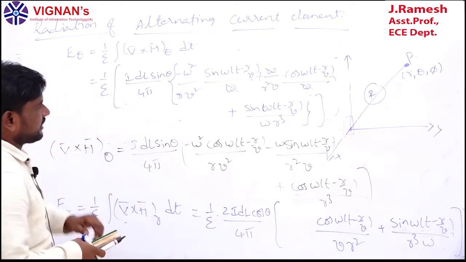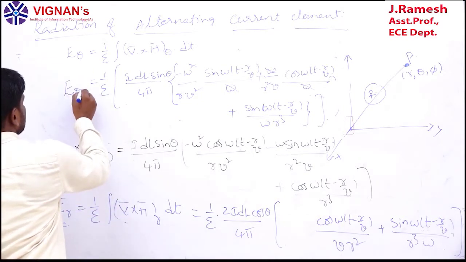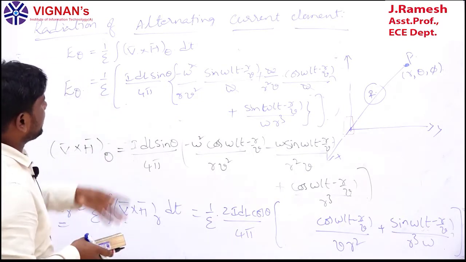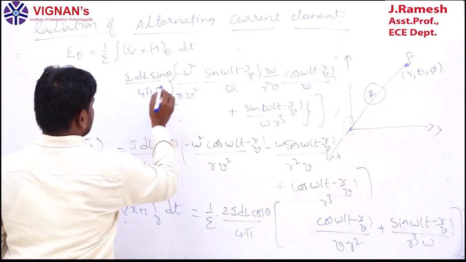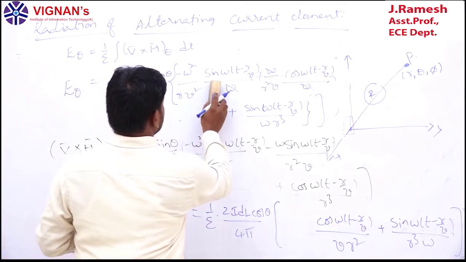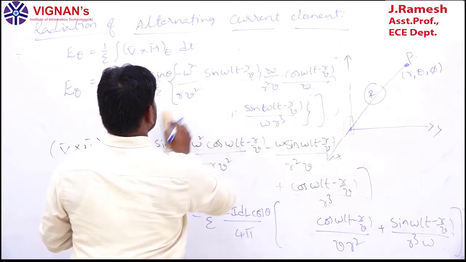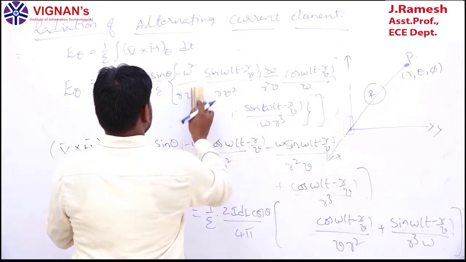Now we are going to calculate the E theta component. So I am rewriting my expression. So E theta is equal to I dl sine theta by 4 pi epsilon, and minus omega and omega are going to be cancelled. So that's why here minus omega by R into V square.